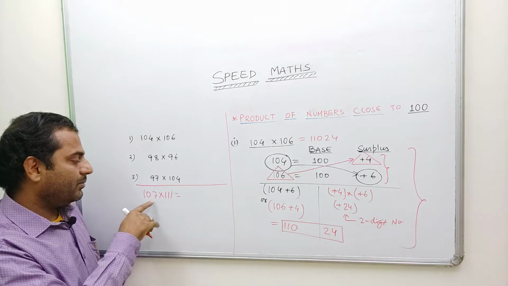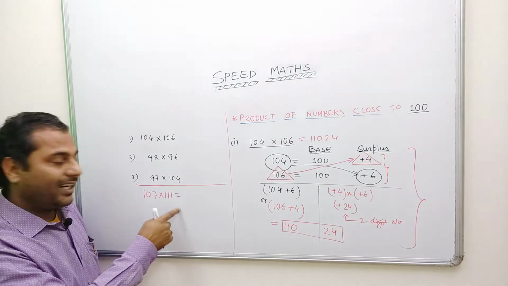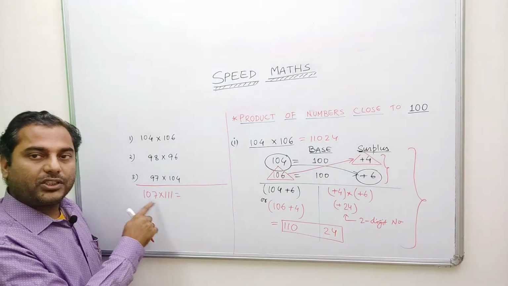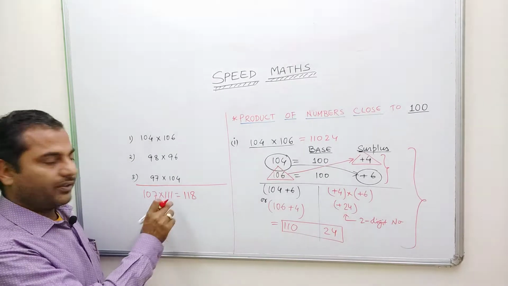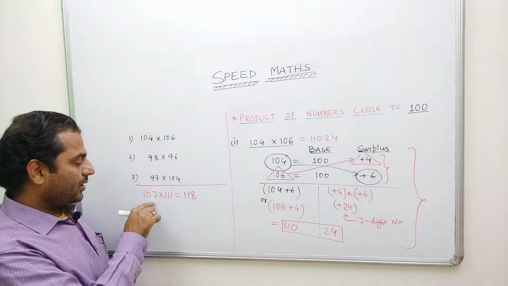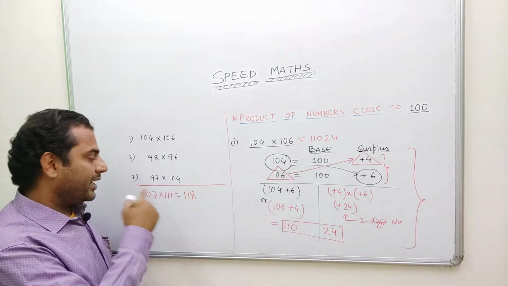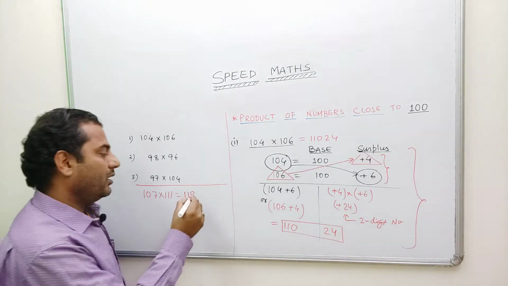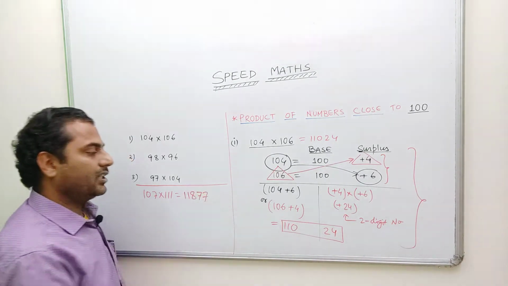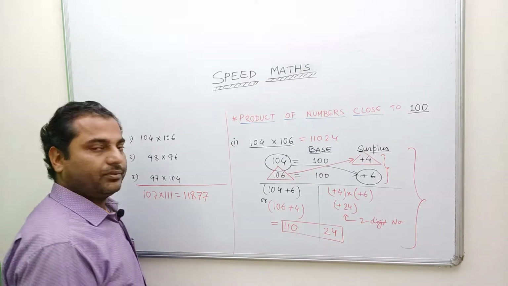So I will add this 11 to the given number. 107 plus 11 will become 118. That is the left hand part. And on the right hand side, the surplus 7 gets multiplied with the surplus of the other number, 11. So 7 into 11 is 77, and that is my answer. It is as easy as this.